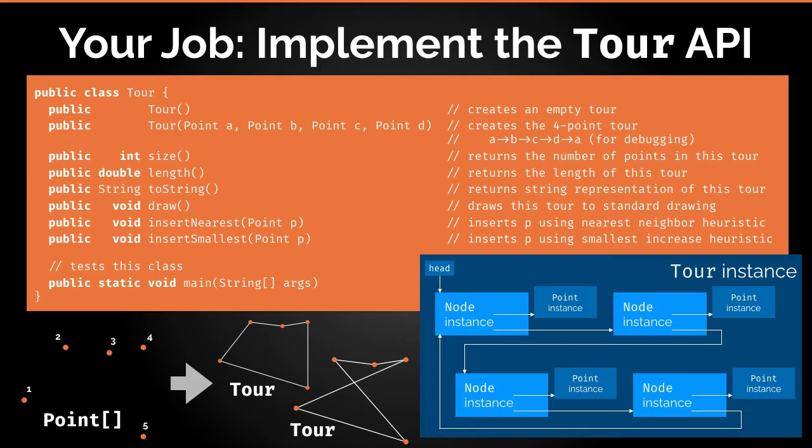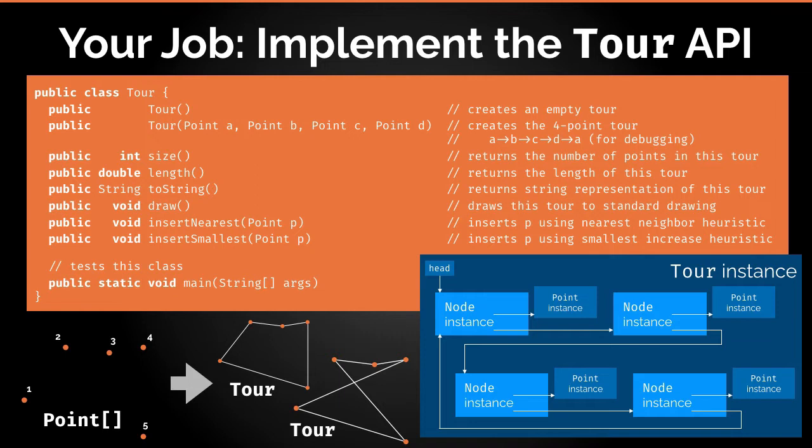So if you take a step back, the diagram of the models and the classes in this assignment looks sort of like this. You have a big Tour instance, that's the class that you implement. And inside the class that you implement, you're going to create a circular list. So you're probably going to have an instance variable called head or first or start.